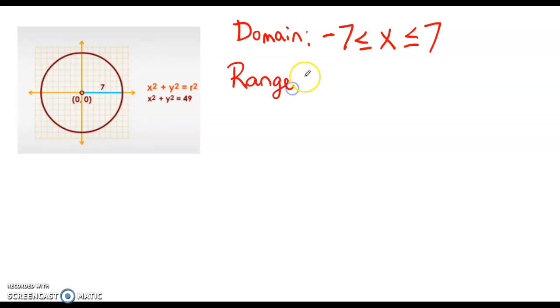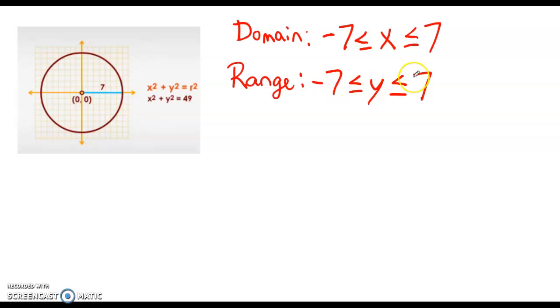It's a circle. So my highest point in this circle is a positive 7, and my lowest point is negative 7. So my y is going to be greater than or equal to negative 7, but less than or equal to positive 7.